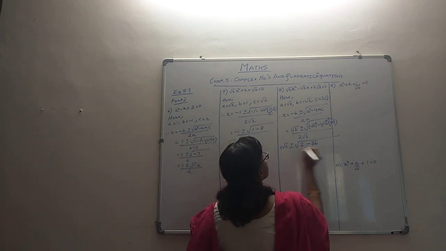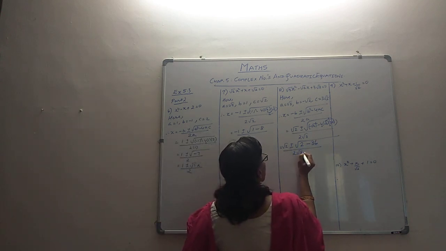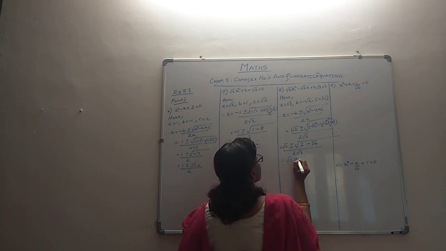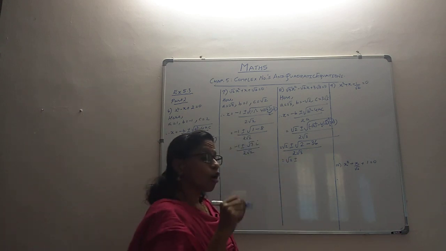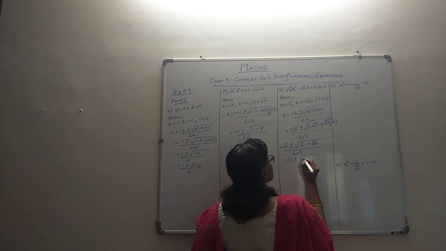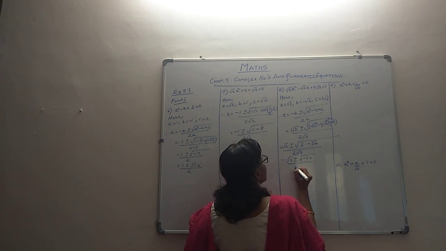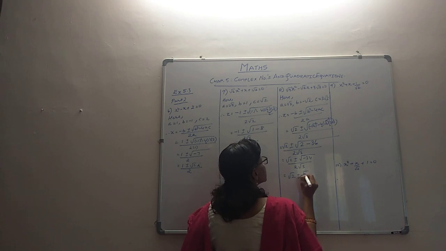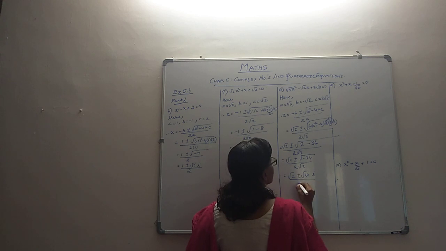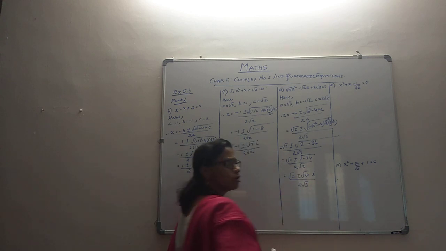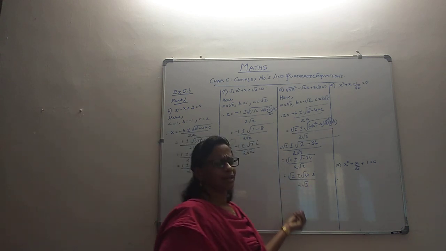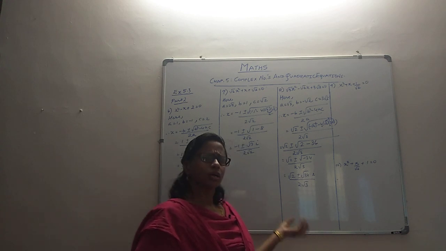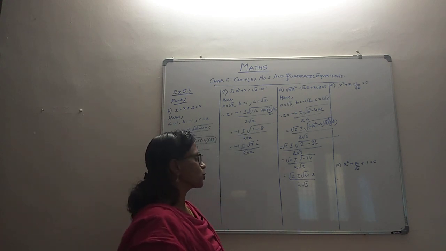So it is root 2 plus or minus root of minus 34, if you carefully see, by 2 root 3. So that helps us to solve: root 2 plus or minus root 34 i by 2 root 3. You could further solve if you want. You can take a root 2 common and cut, but that doesn't do much good. It's okay if you leave it at this step also.